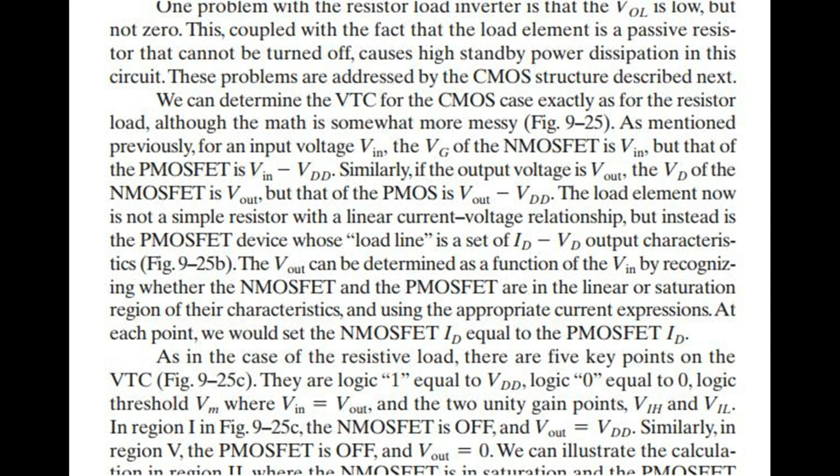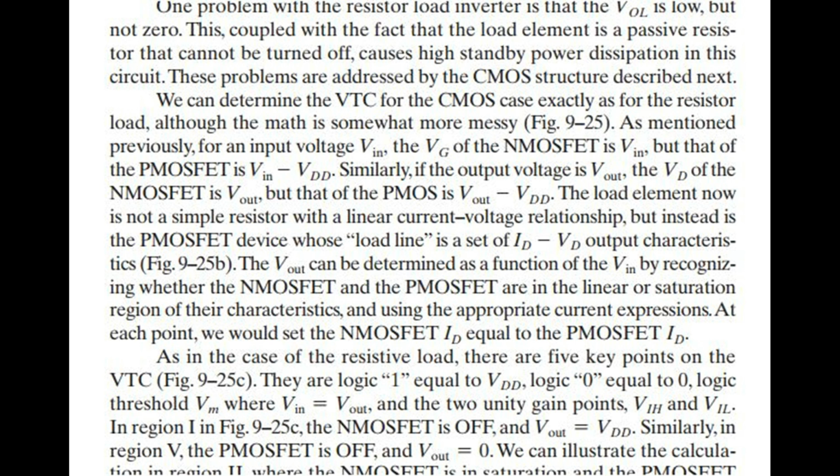Similarly, if the output voltage is VOUT, the drain voltage of the N-channel MOSFET is VOUT, but that of the P-channel MOSFET is VOUT - VDD. The load element now is not a simple resistor with a linear current-voltage relationship, but instead is the P-channel MOSFET device whose load line is a set of drain current, drain voltage output characteristics, Fig 9.25b.